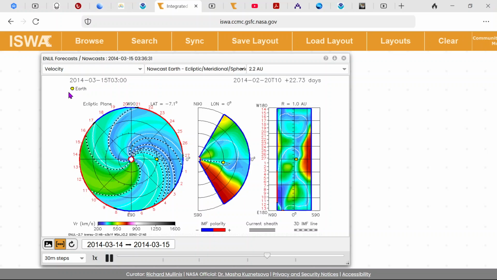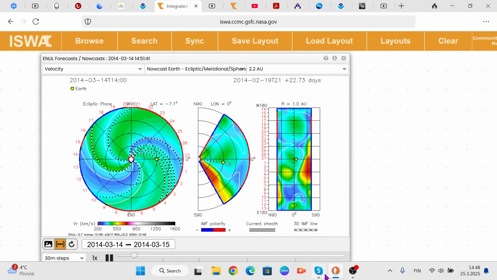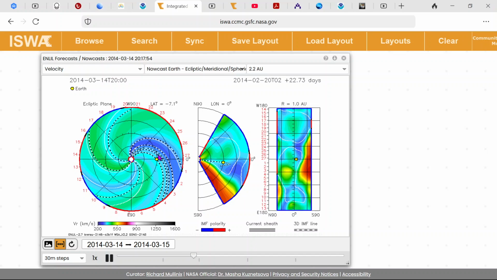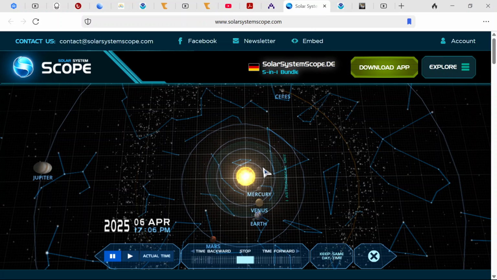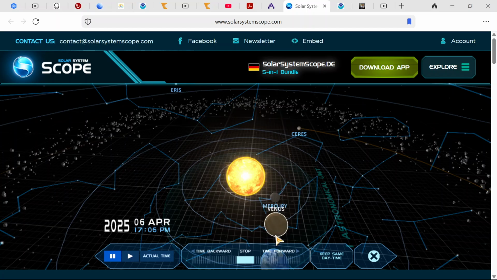We only have Earth, and we can see here there is a rather dense line. They are very close together, those interplanetary magnetic field lines, which is no surprise because they are rather close together. And of course, this is not to scale.